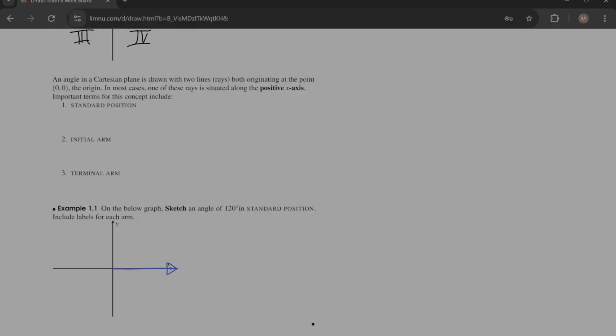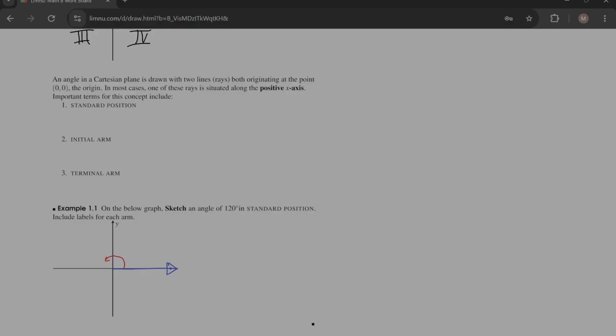This is our terminal arm. To draw our terminal arm, we start where we put our initial arm, or if you don't draw your initial arm, start on the positive x-axis. And you're going to go rotating counterclockwise 120 degrees. When I said an accurate drawing with sketch, I'm not going to pull out a protractor and audit whether or not you're accurate on this. But for 120 degrees, I expect it to be in quadrant 2.